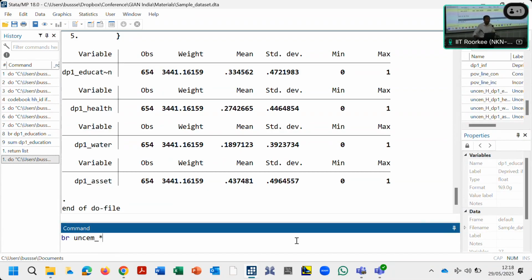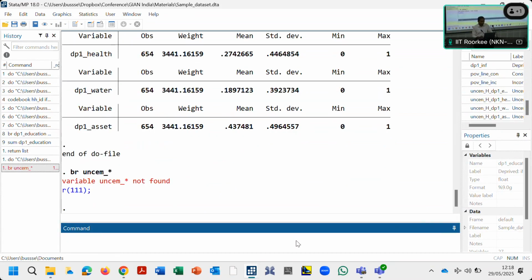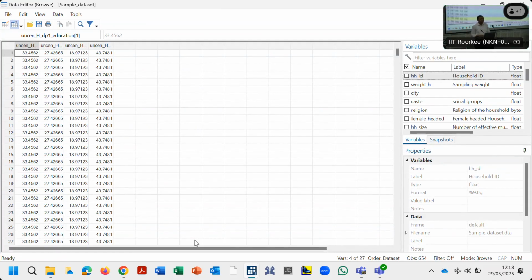That means browse all the variables that start with uncen underscore. My eyesight is not very good when I'm looking at close. There you go. So I have stored those variables inside the data, not just looked at them.